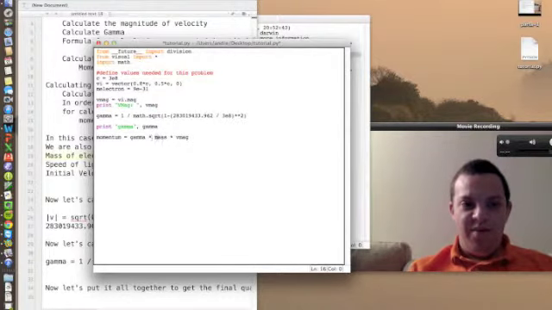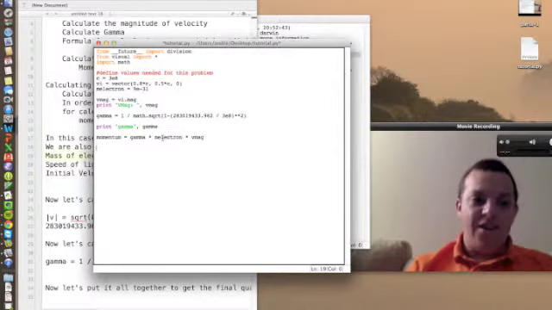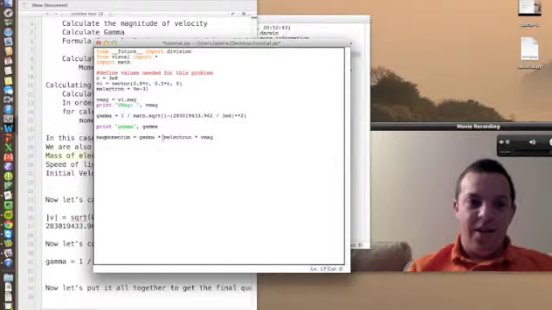So momentum is going to be equal to gamma times m electron times Vmag. And remember, this is the magnitude of the momentum, so I'll put mag in front of it for better naming.